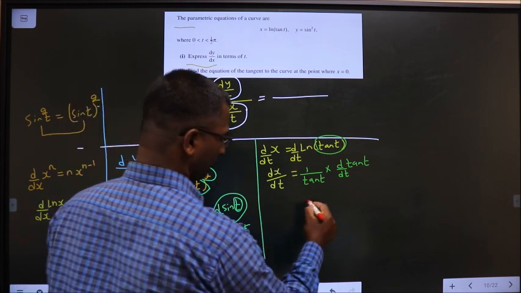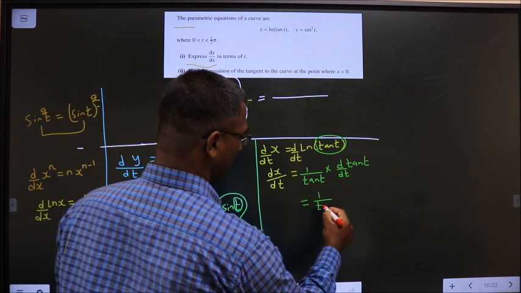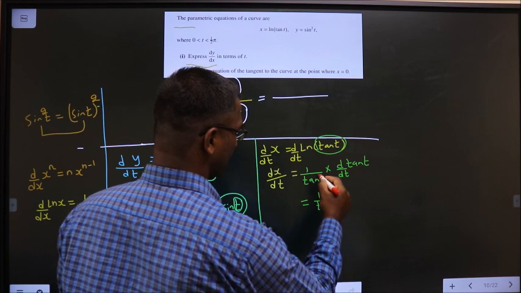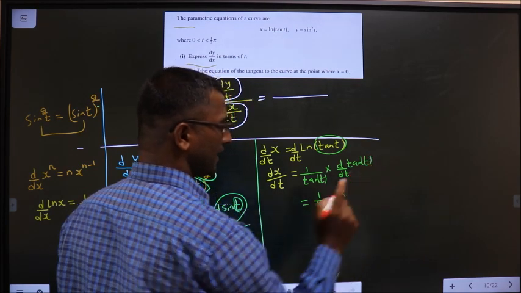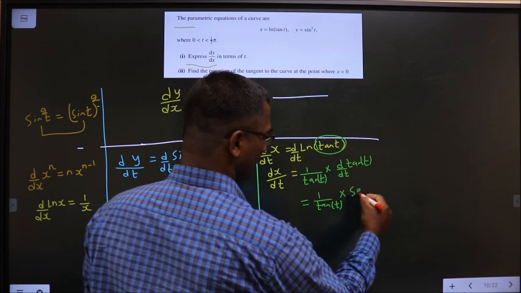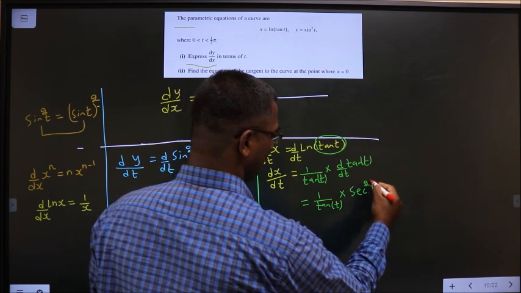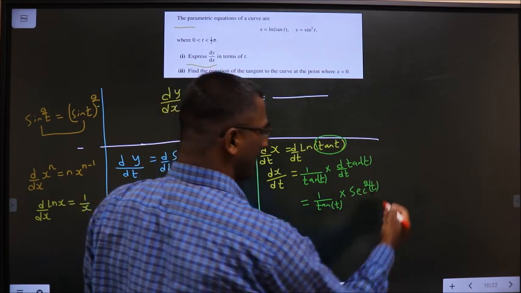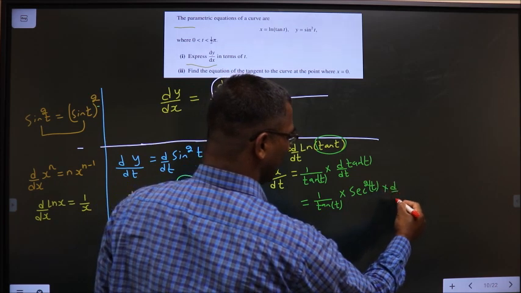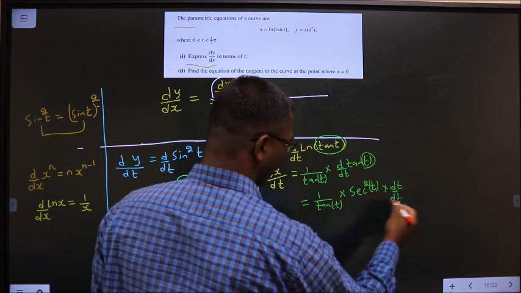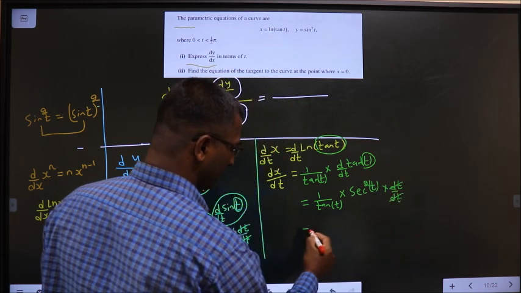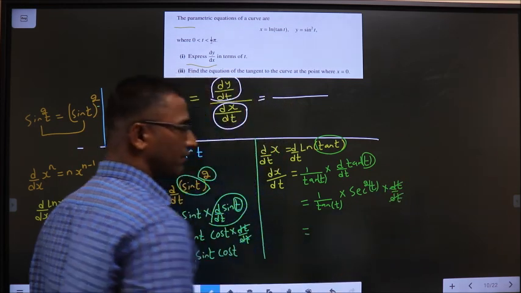Next, this is 1 by tan t into differentiation of tan, which is secant square t. Again the good practice is into d by dt of the letter t. It gets cancelled, fine, but still it's a habit of writing that.